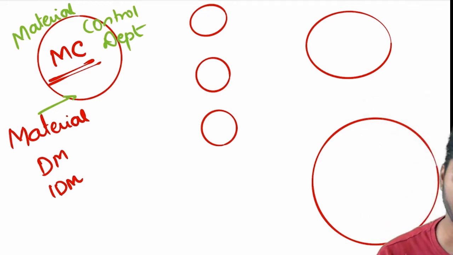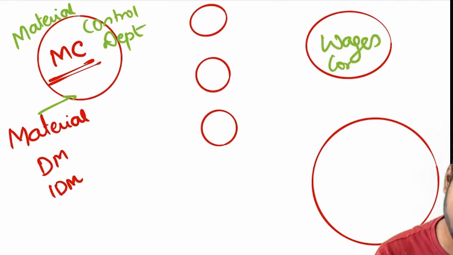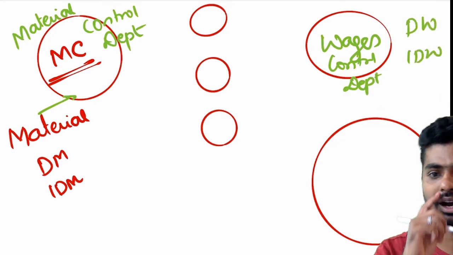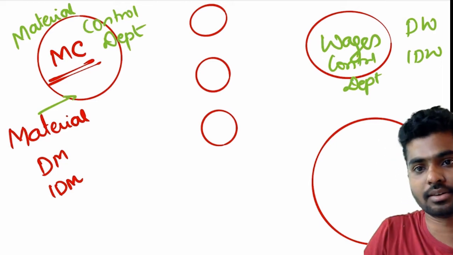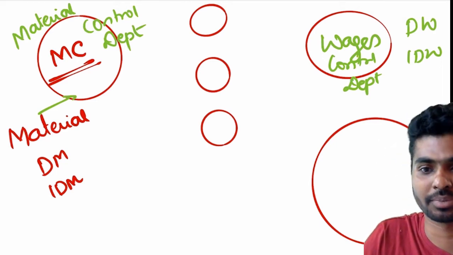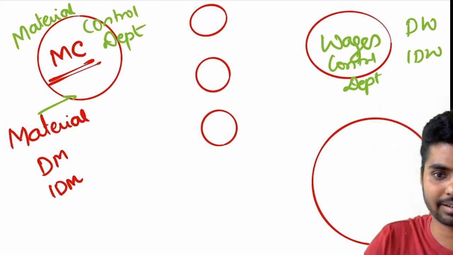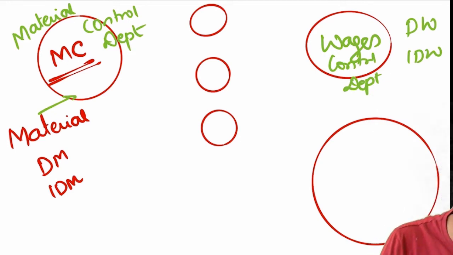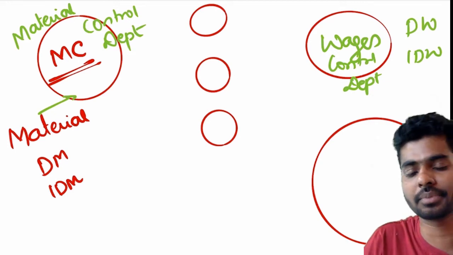Then anything to do with my labor will go to the wages control department. So all my direct wages and indirect wages are going to be incurred in which department? Wage control department.